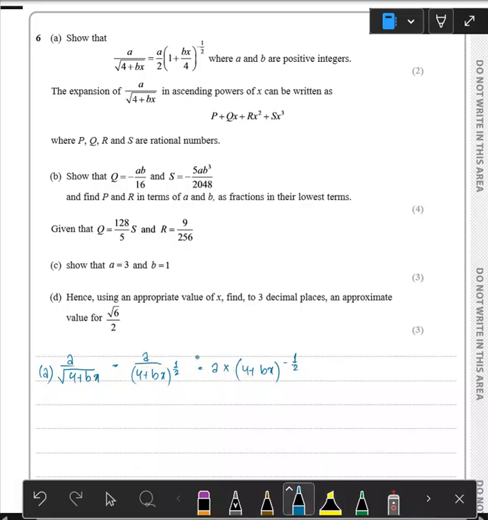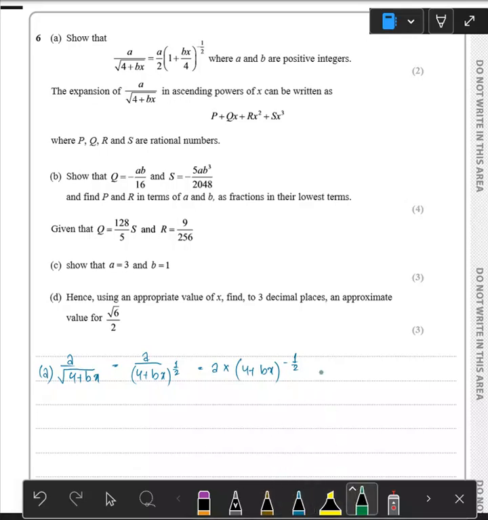Now, the next line: as you can see, this part of this expression is in the form of what I usually say is a plus bx to the power d, but since we already have a's and b's in the question, let us write it in this way.